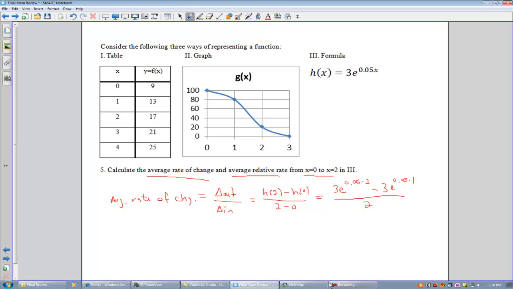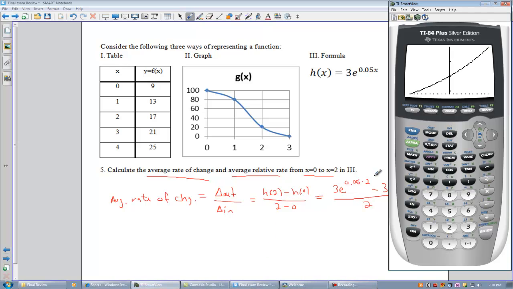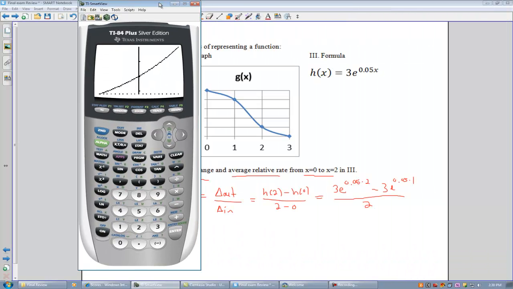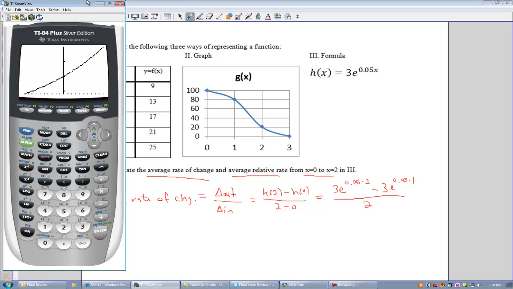And to do this, I'm going to use my calculator, and I'll just round this to 2 decimal places. So over here, what do I have? Well, on the top, I have left parenthesis, 3 times e to the 0.05 times 2, in parenthesis, minus 3 times e to the 0.05 times 0, in parenthesis, divided by 2, and out pops my answer.